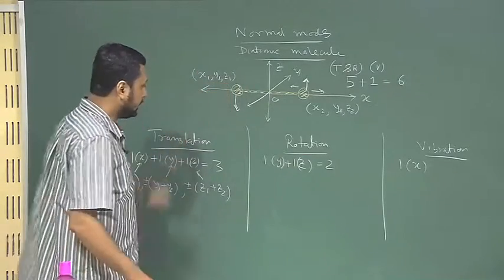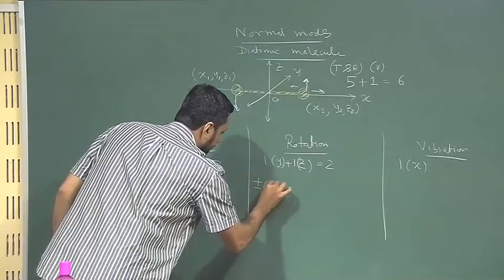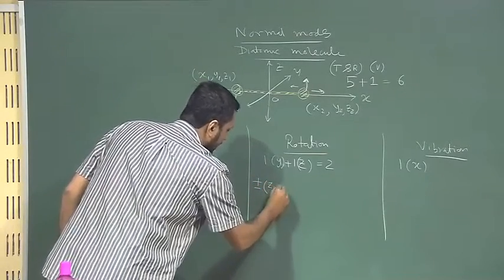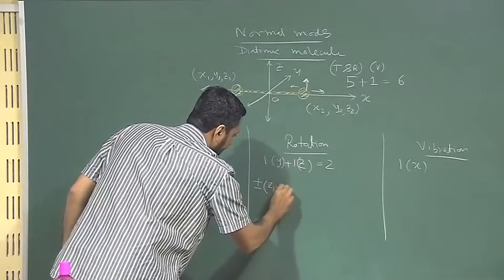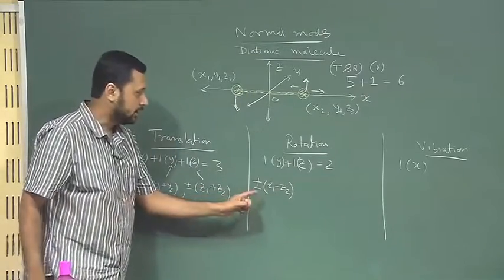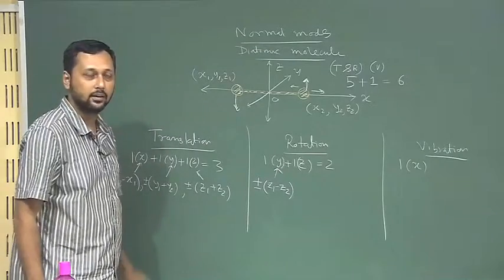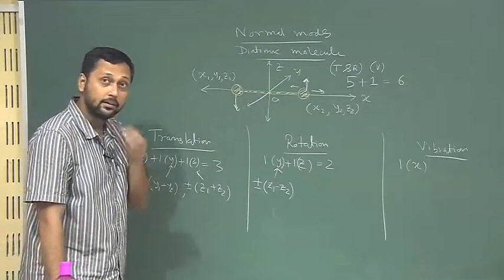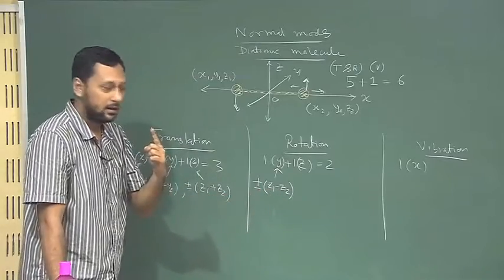Okay. So, if I take a combination of z1 minus z2, this is good enough to give me a rotation around the y axis. Think of it. When it rotates around the y axis, this combination will always change.